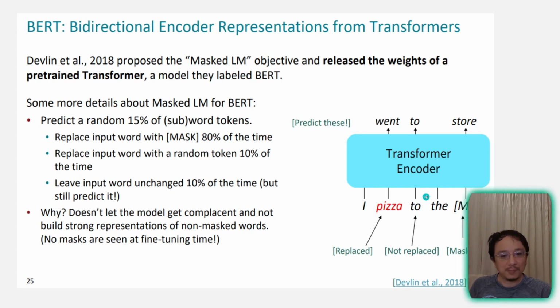But since the model doesn't know whether this word is changed or not, it is not a trivial test. It still has to figure out whether this word is proper in this sentence, and which one is the replaced one and which one is not.